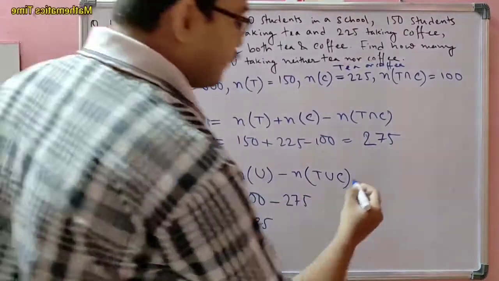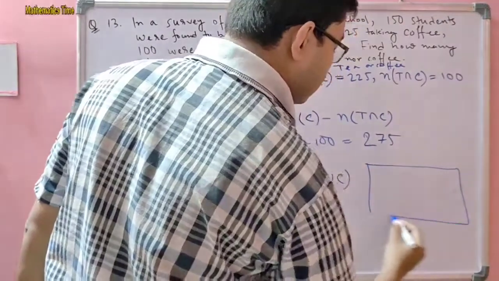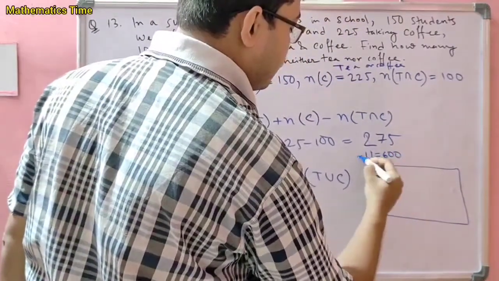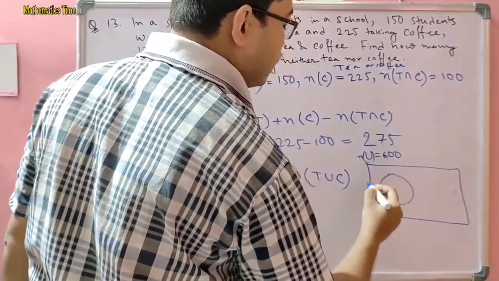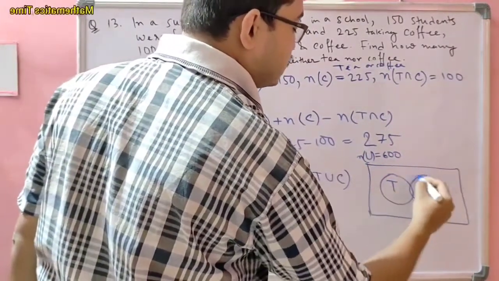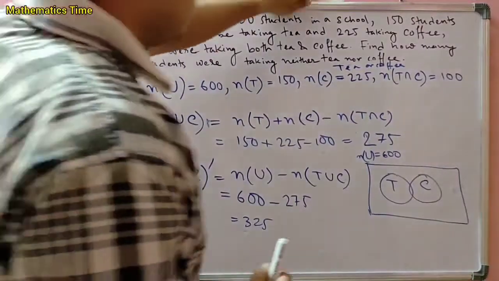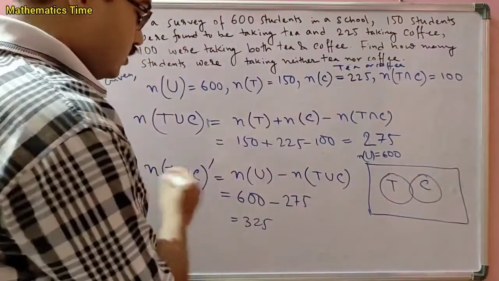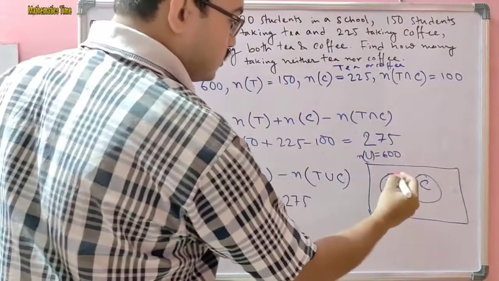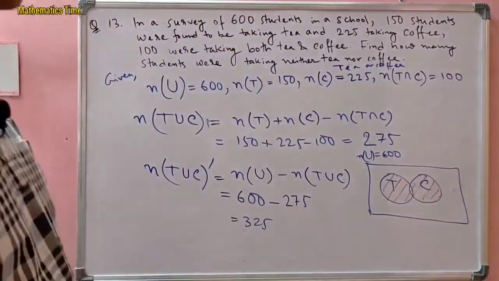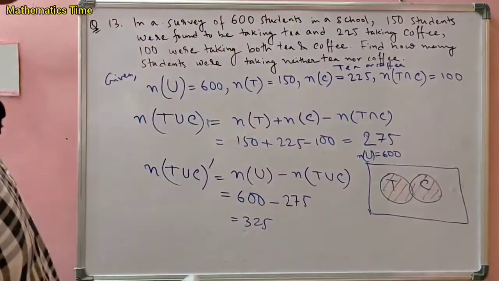So let us make the graphical example. This is the universal set, it contains 600. Here suppose this is set T, and this is set C. So T union C is this, the set containing the intersection and both the sets.